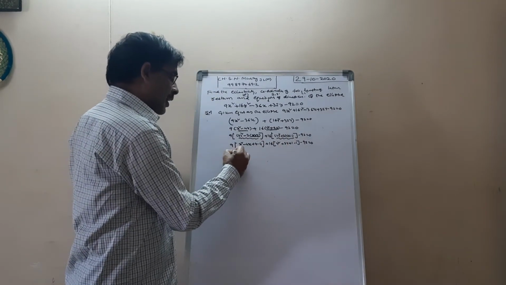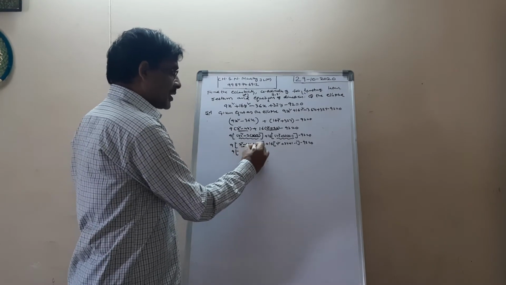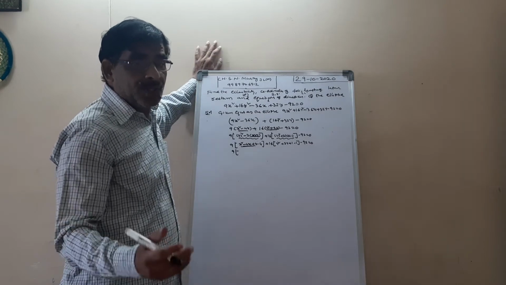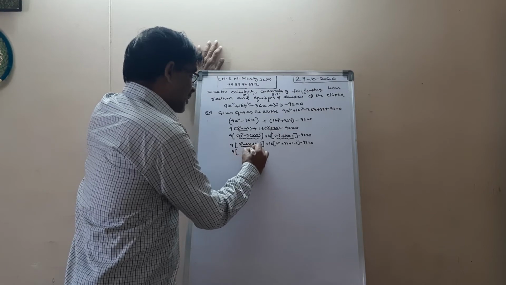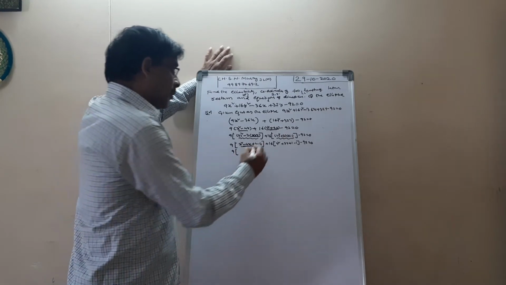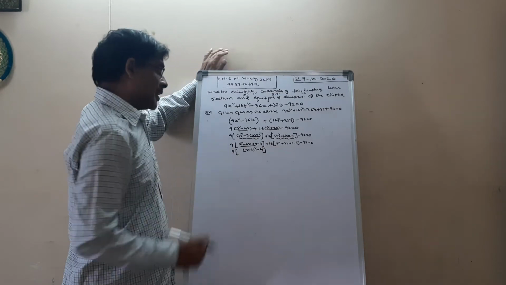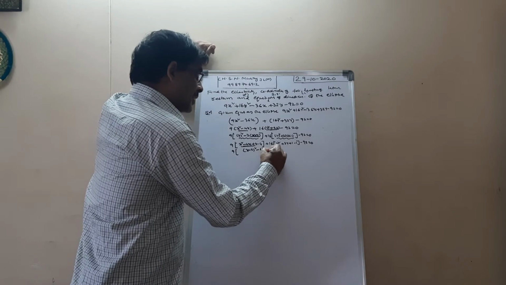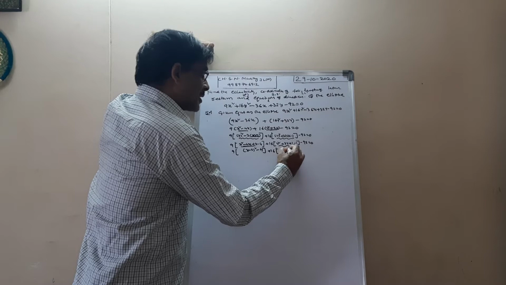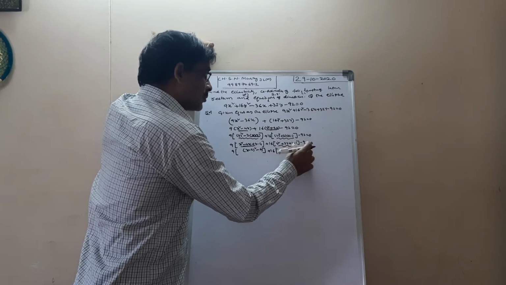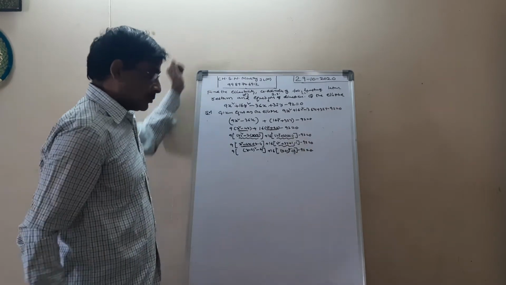See here, 9 into x square minus 4x plus 4, you can read this one as x minus 2 whole square minus 4. 16 into y plus 1 whole square minus 1, minus 92 equal to 0.